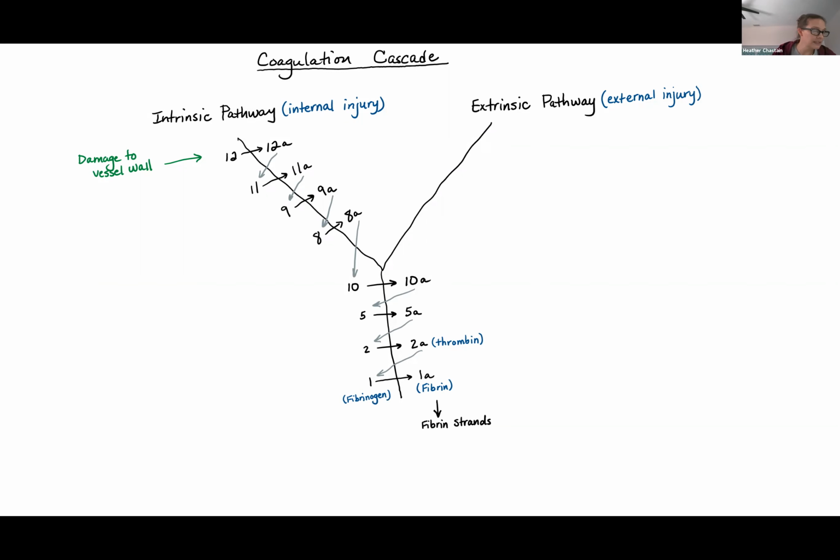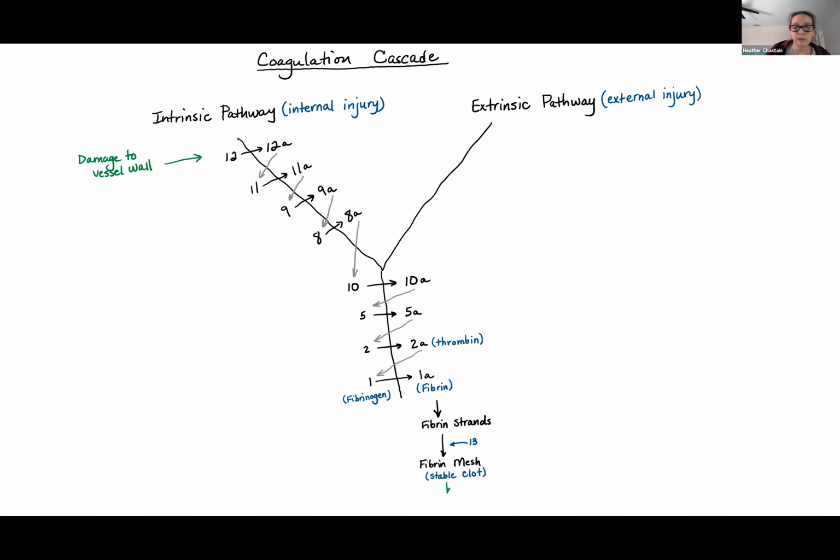These fibrin strands, along with factor 13, form a net-like structure that hardens and traps platelets, that forms a fibrin mesh. A fibrin mesh is considered a stable clot. Okay, so now we formed a stable clot.